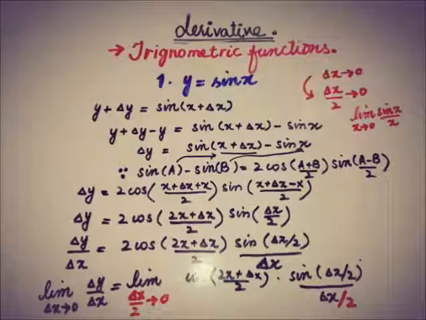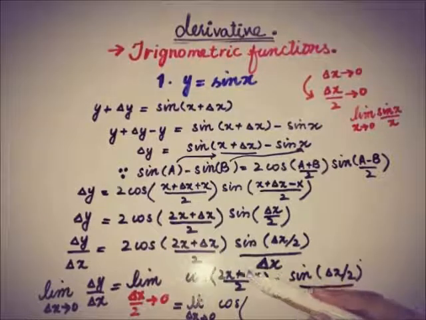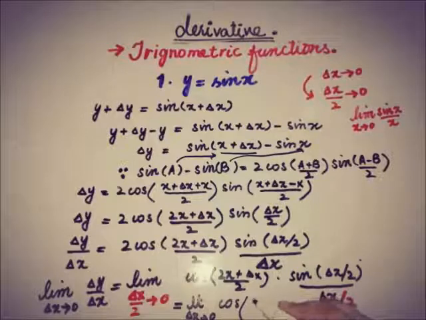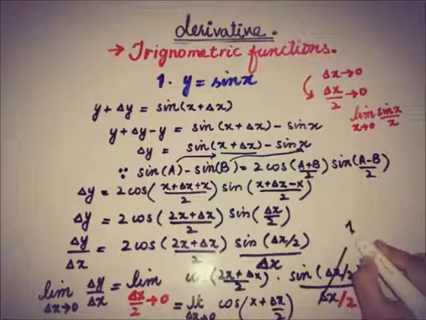So by using the laws of limit, we can write limit delta x over 2 approaches 0. We can also simplify this expression, because 2x by 2 plus delta x by 2 will become x plus delta x by 2, and this expression, after applying limit, will equal 1.